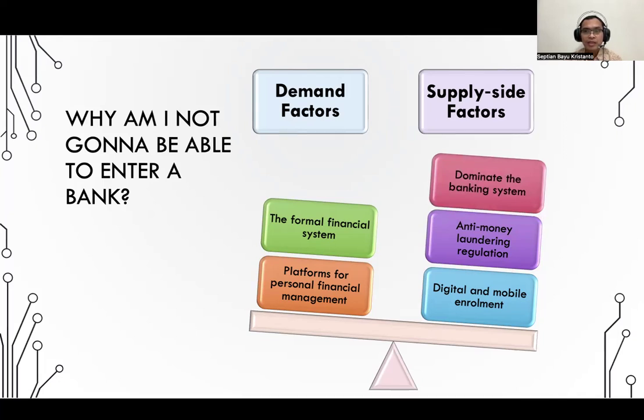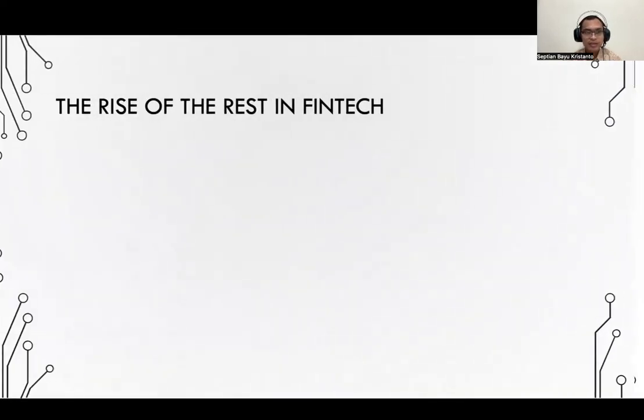And at the end of the supply factors, we need domination of the banking systems, more than only financial services, because banking is one of the most highly regulated institutions in the financial sector.